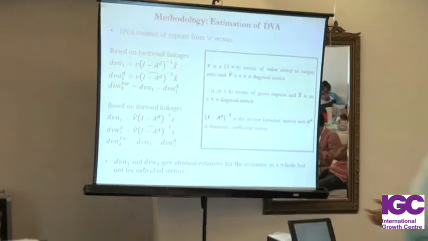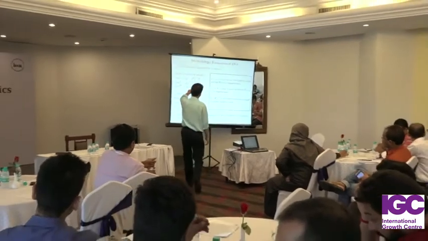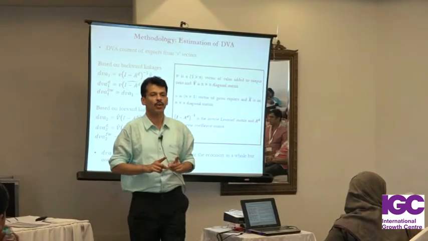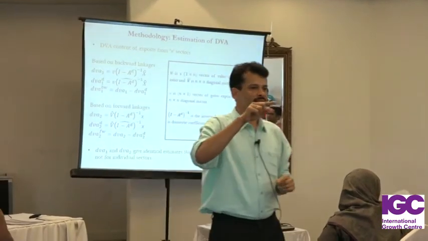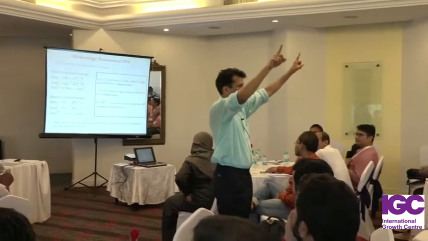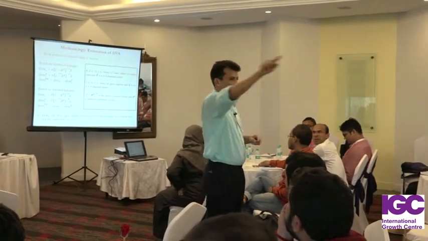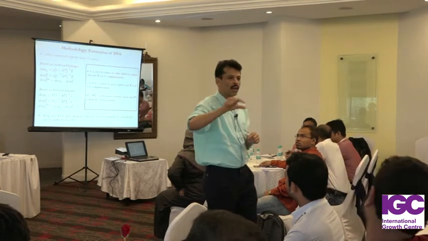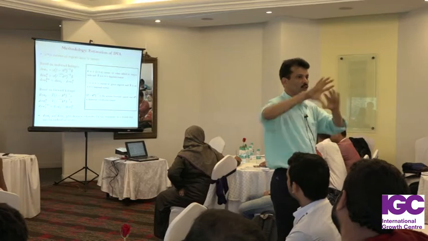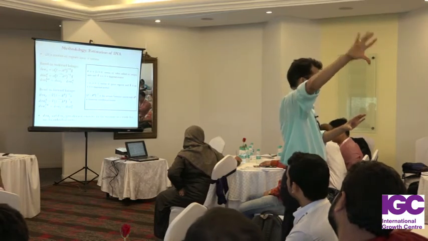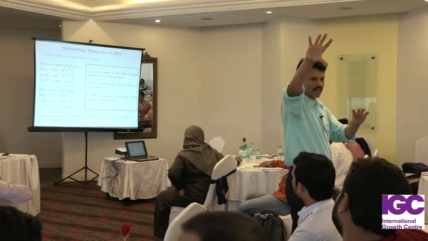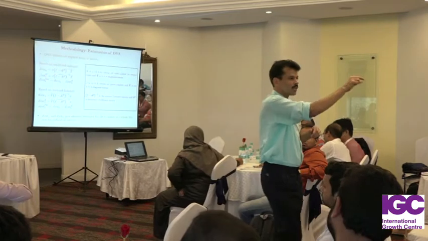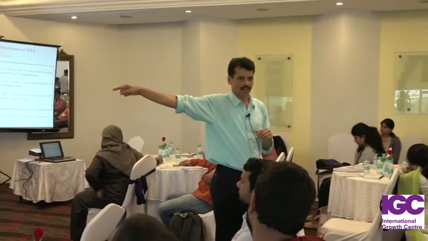So, this X hat is an n into n diagonal matrix, meaning it has n rows and n columns. Only the diagonal values are the export from a given sector; the off diagonal values are all 0. The diagonal elements are the export from sector 1, sector 2, sector 3 and sector n.